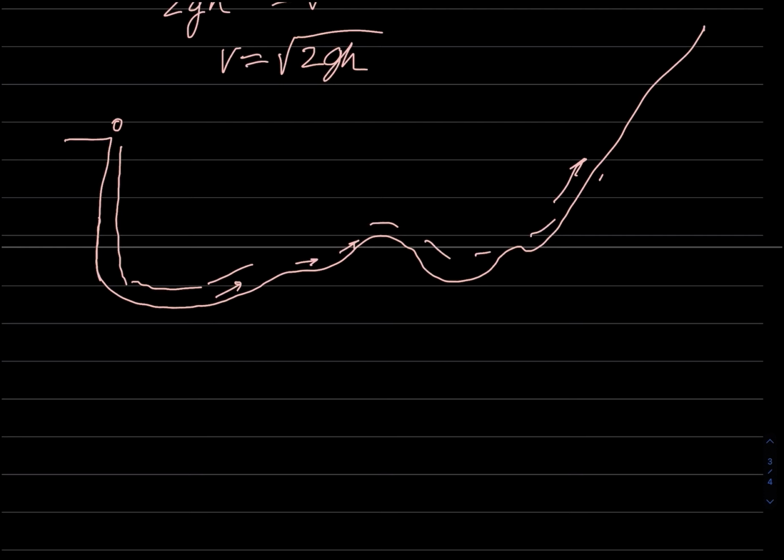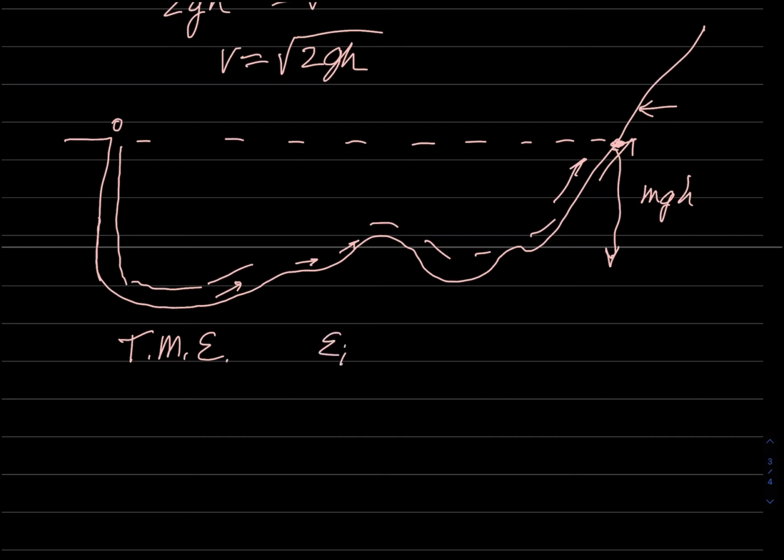And then how high will it get when it finally comes to a stop, when it loses all of its kinetic energy? Well, if there's no friction to steal energy away, it'll get right back to the same h, where it will have a potential energy of mgh again. It can't get higher because then it would have too much energy. In this situation, the total mechanical energy is not going to change. We said the first equation we write down is energy initial equals energy final.